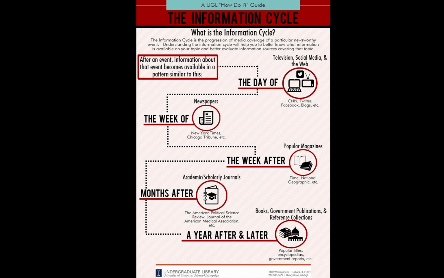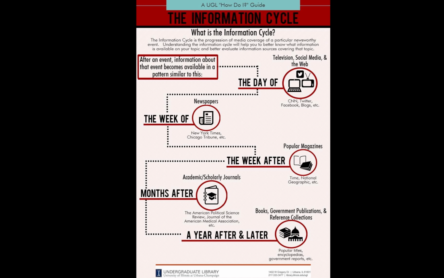And then once a little bit of time has passed, maybe later on that week, it'll be in all your big newspapers. You can look it up in the New York Times, maybe the Atlanta Journal-Constitution, the Washington Post, things like that. And then the next week, you'll see them in your popular magazines that come out, your Newsweeks and your Times and things like that.